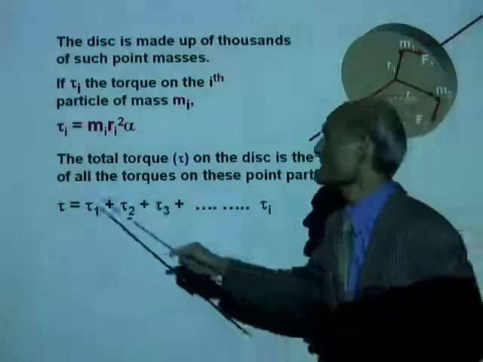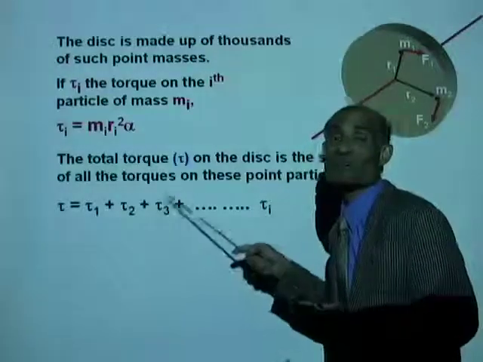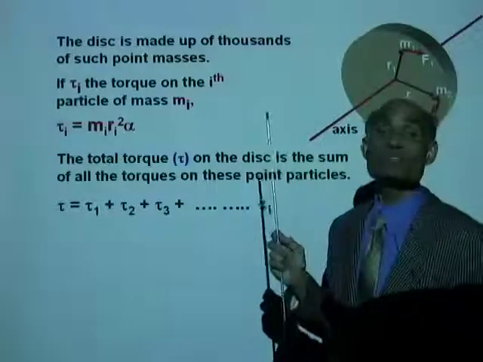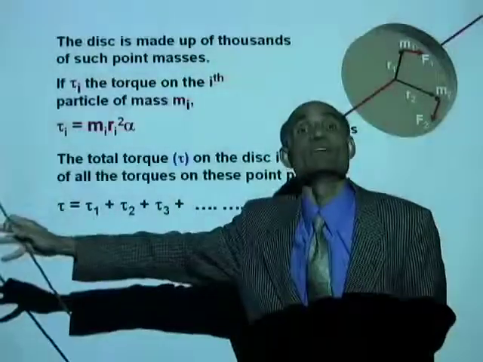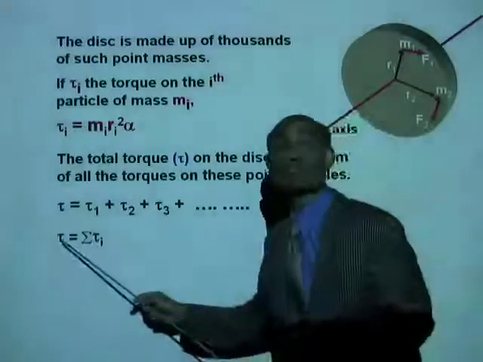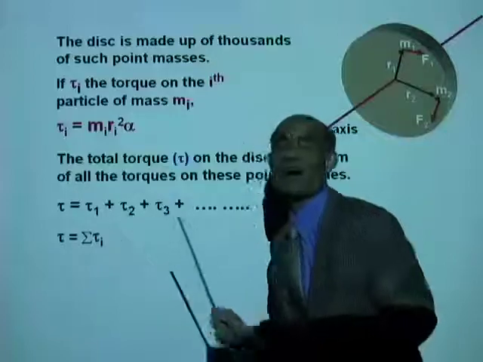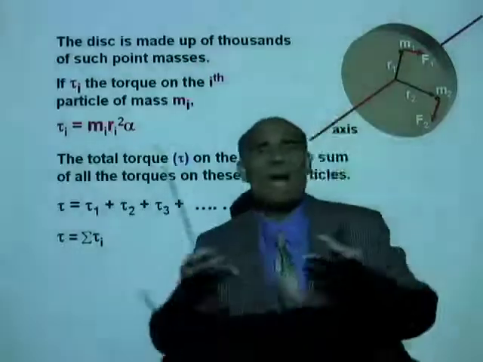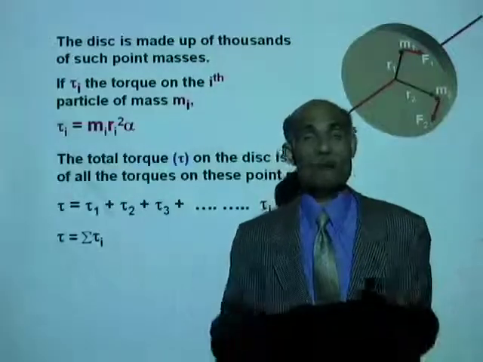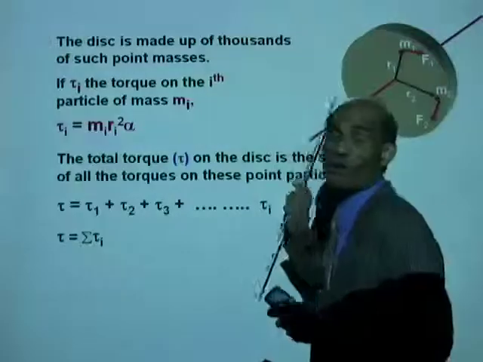How do I write it? Tau equal to tau 1 plus tau 2 plus tau 3 plus tau 4 and so on all the way to tau i, depending on how many particles there are. And we can write it like this: tau equal to summation tau i. Add all the torques on all the particles. That will give you the total torque on the disk.